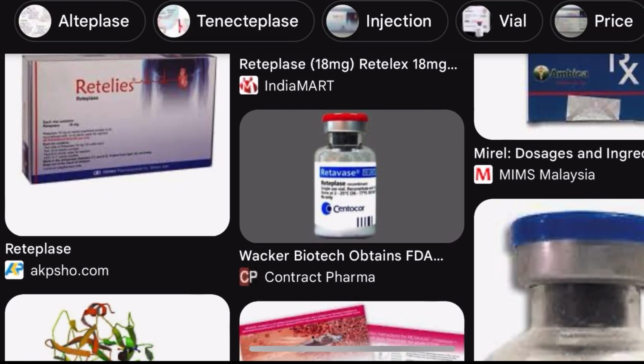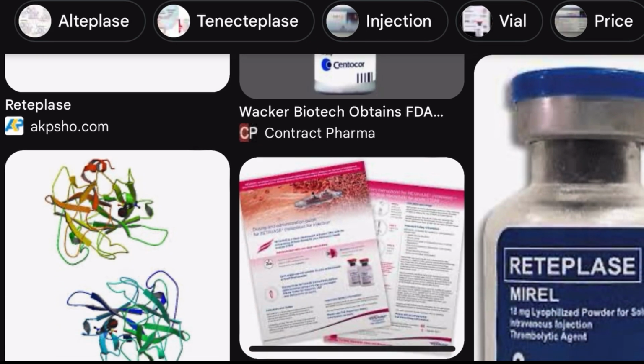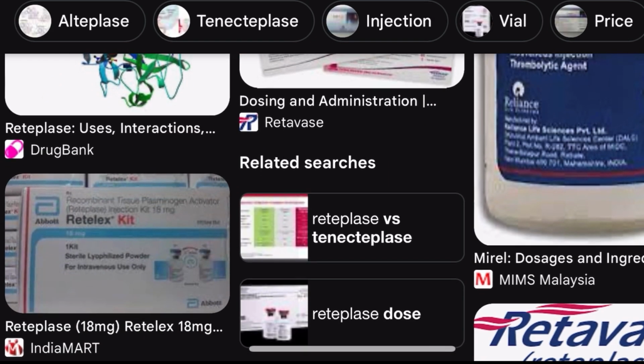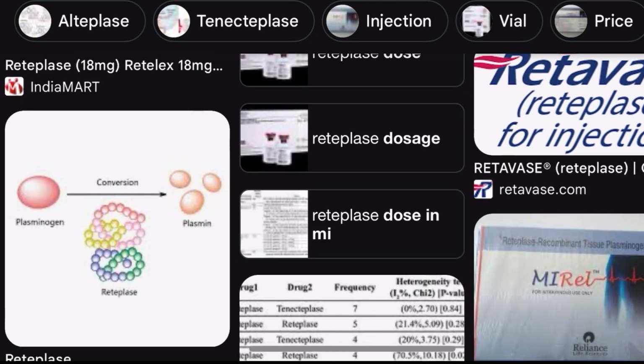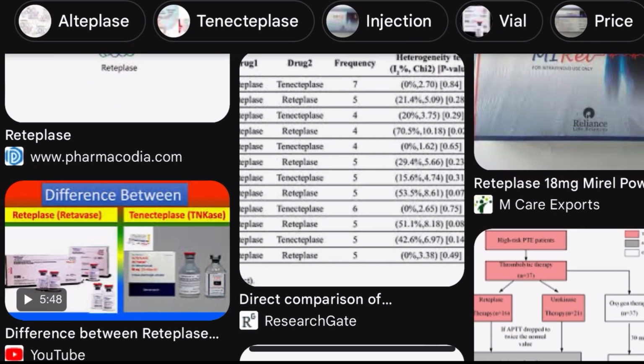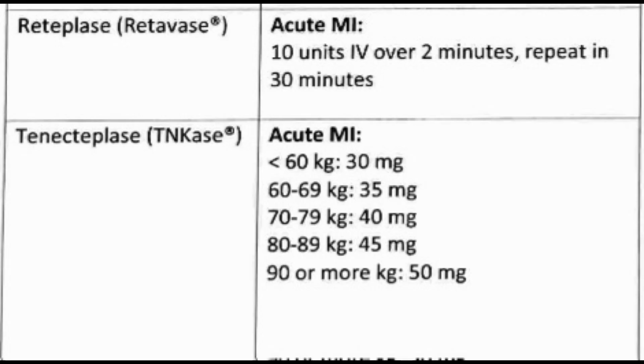Next we have reteplase, Retavase. It's 10 units IV infused over 2 minutes, and you want to repeat the dose in 30 minutes, again for acute MI dosing. Then we have tenecteplase, TNKase. It's 30 milligrams IV bolus for patients less than 60 kilograms.